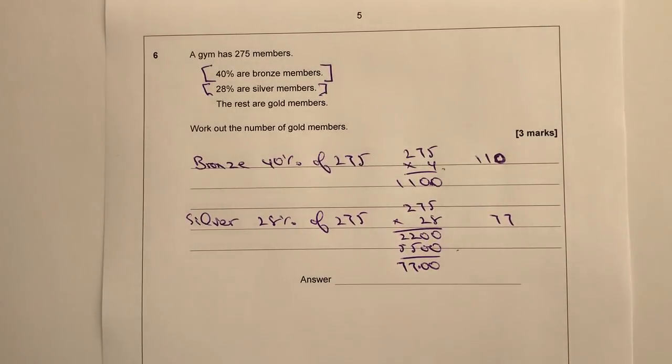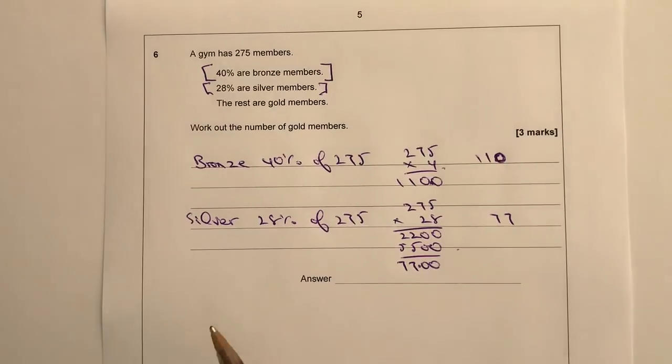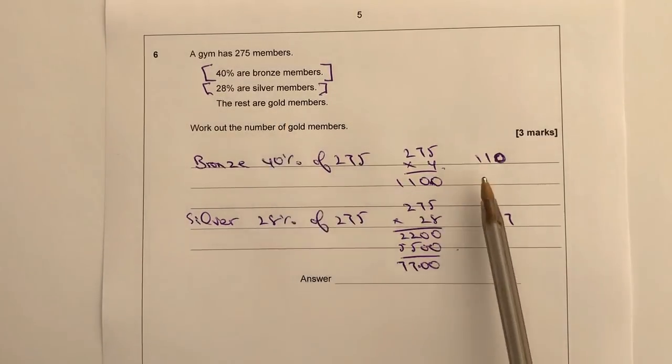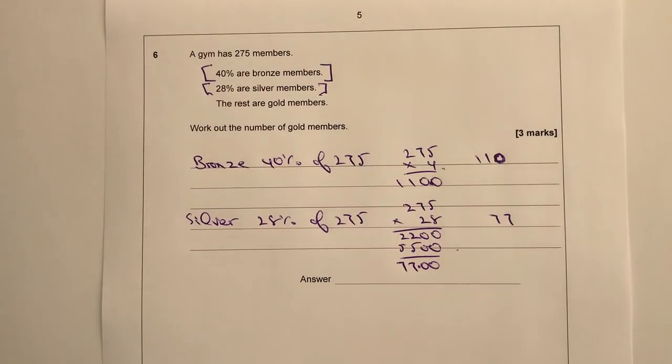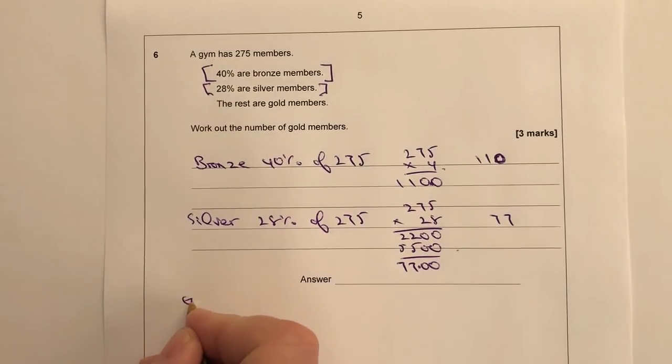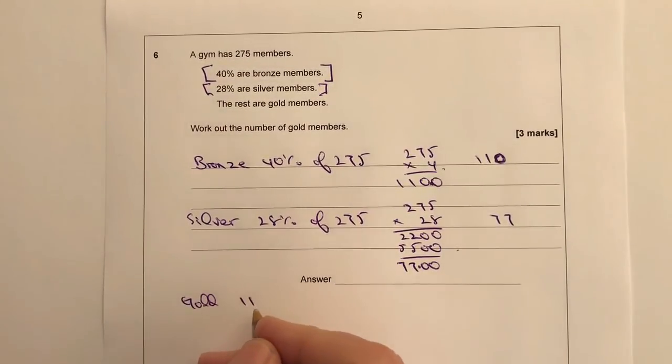Now, unfortunately, they've not given us a huge amount of room on this piece of paper, so to find the number of gold members, I'm going to add these two together, and then take that away from 275. So for gold, if I just write this down here, it's going to be 110 plus 77.